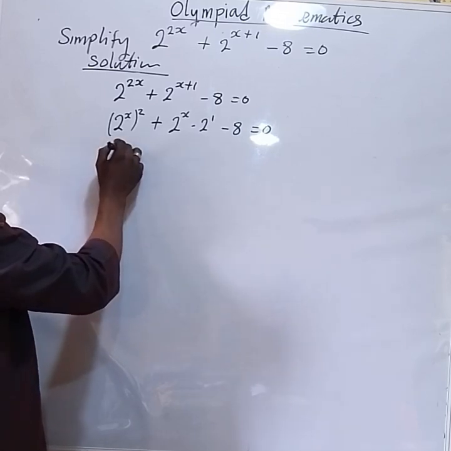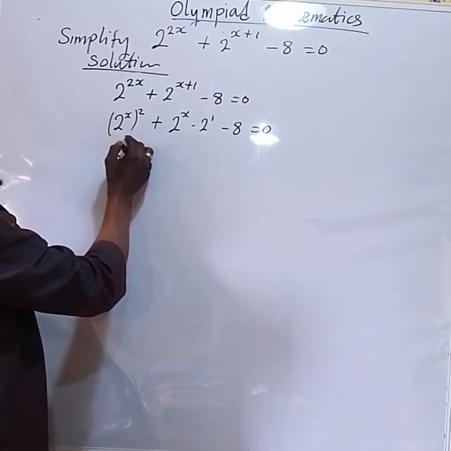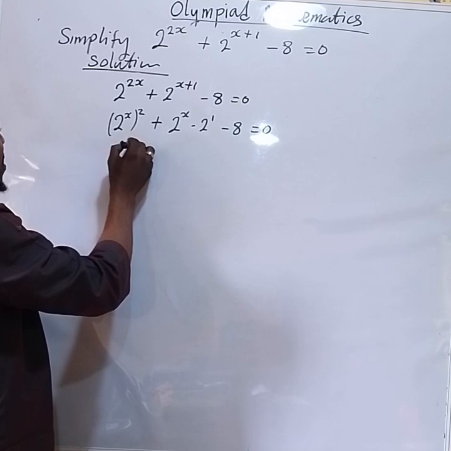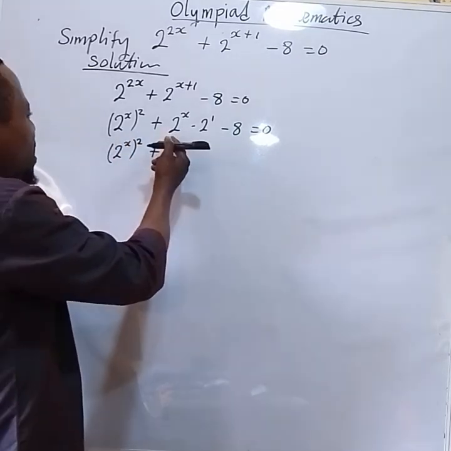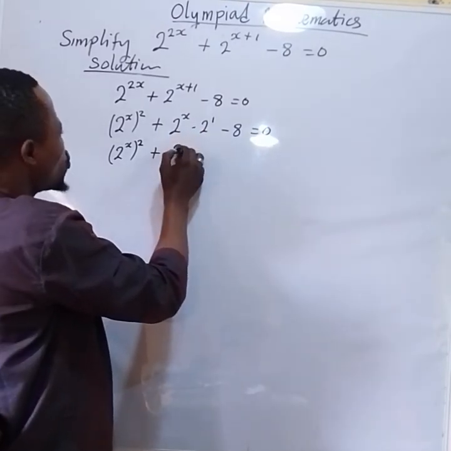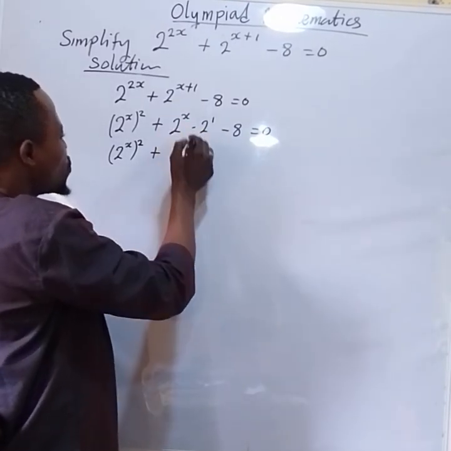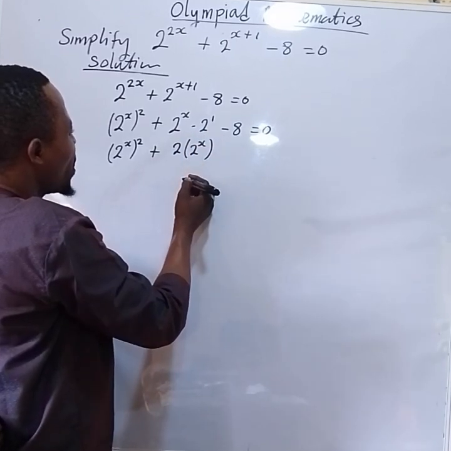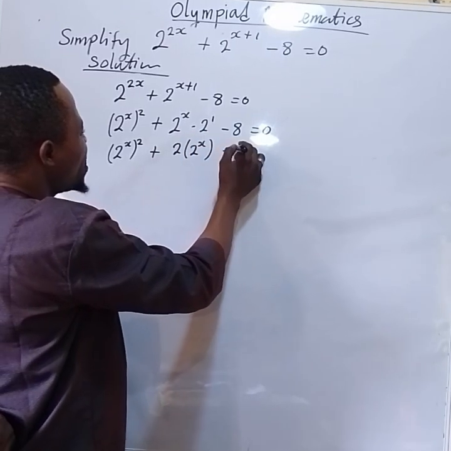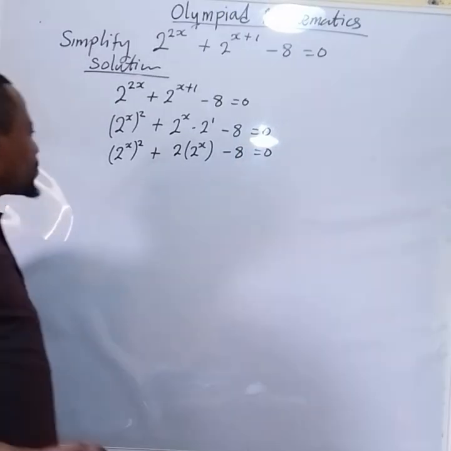Now, from there, 2 raised to power x, all raised to power 2, plus, now we have a common factor here, which is 2. Now 2 into 2 raised to power x, so we have 2 raised to power x, minus 8 equals 0.